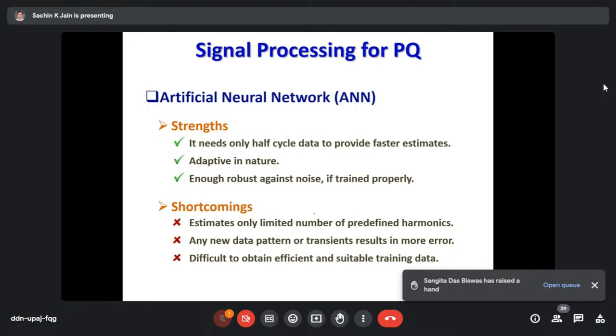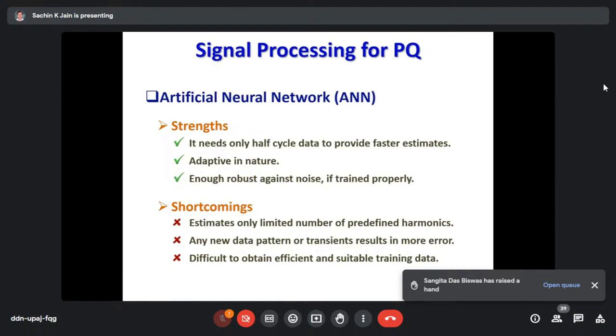You will find a large number of papers and different versions of neural networks, maybe AWNN, ANN, RBFNN, and maybe recursive neural network in power quality estimation. The advantage is that once you have sufficient training data, and if they are properly trained, then they are very robust against noise.